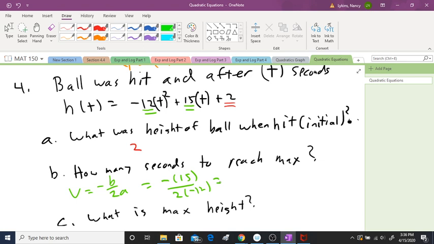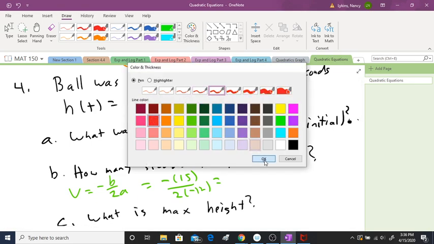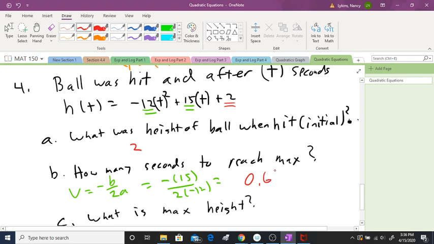This will give you how many seconds it takes to reach the maximum. Negative 15 divided by negative 24 is 0.625, or 0.63.